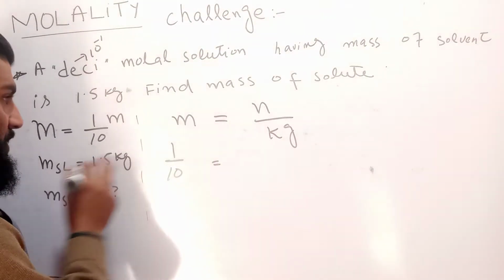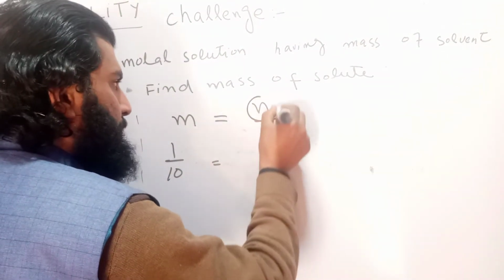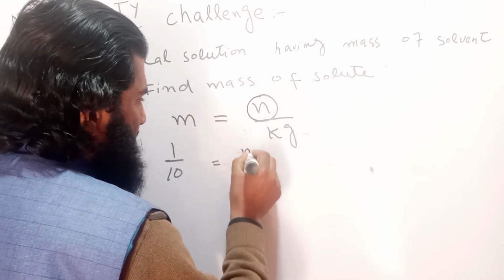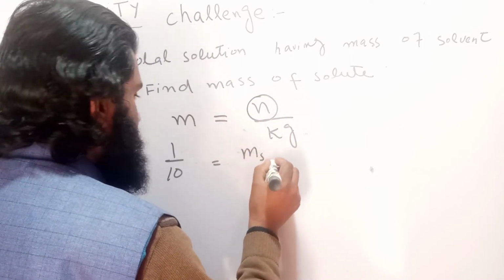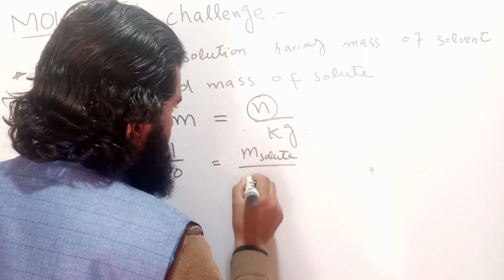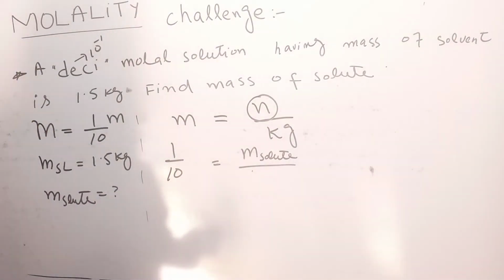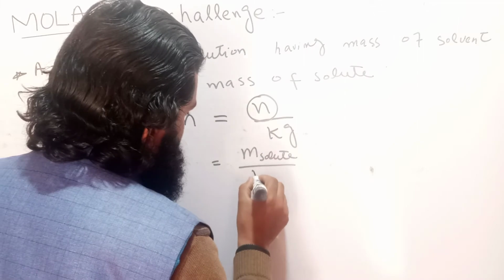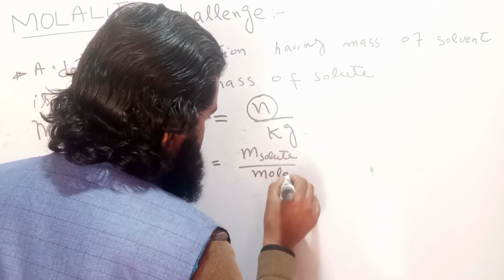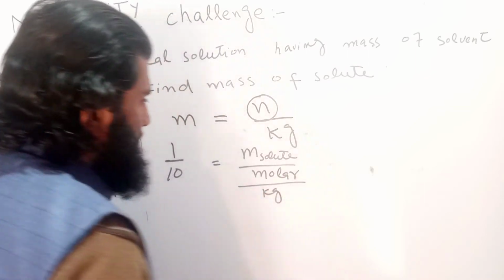Okay, we will find the mass of solute, but here we put the value of n. Mass of solute divided by molar mass of solute, divided by kilogram of solvent.